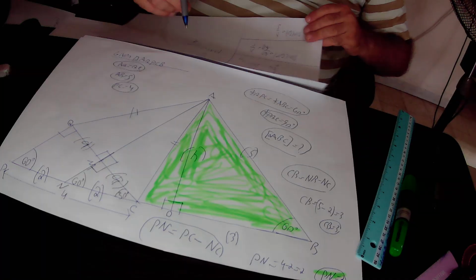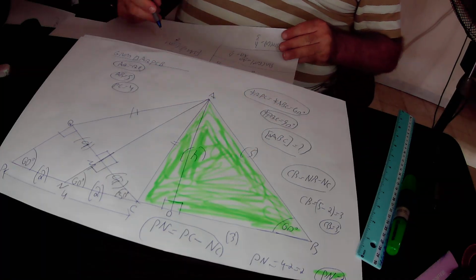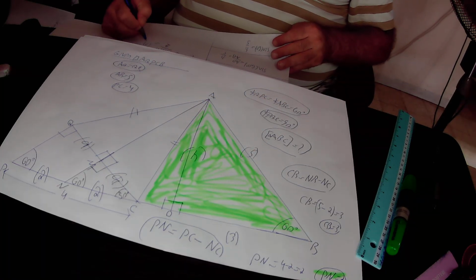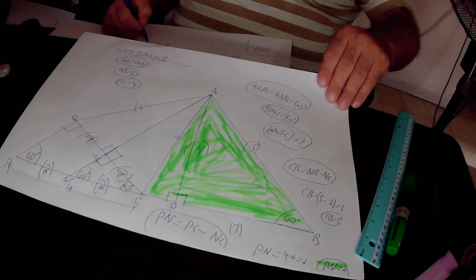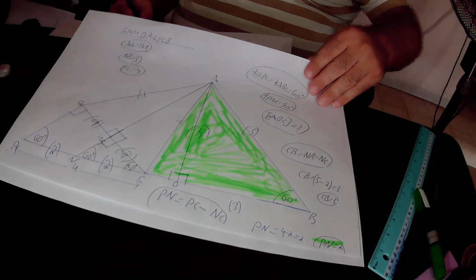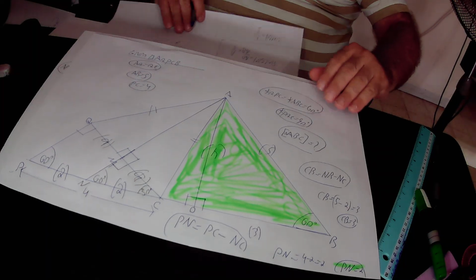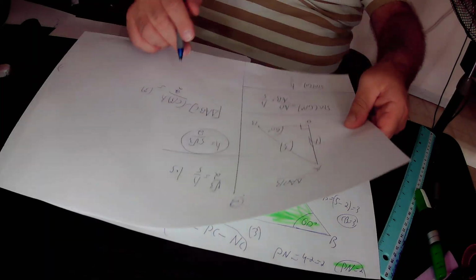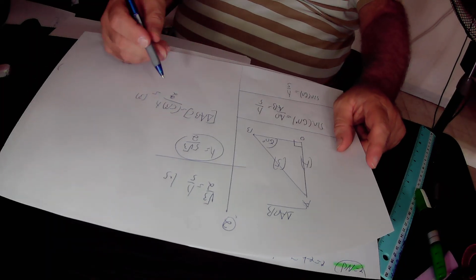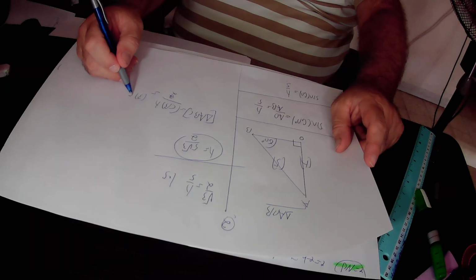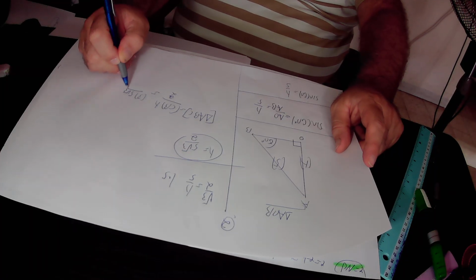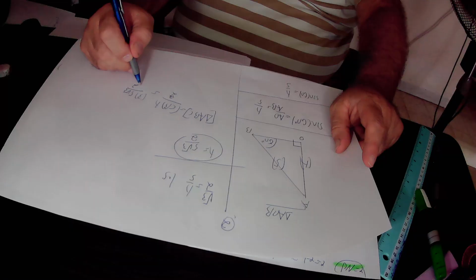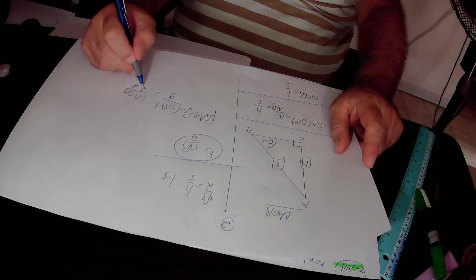CB is 3. We already found out that H equals 5 times square root of 3 over 2. So we have to divide this expression by 2 again.